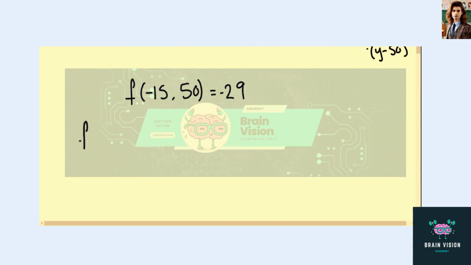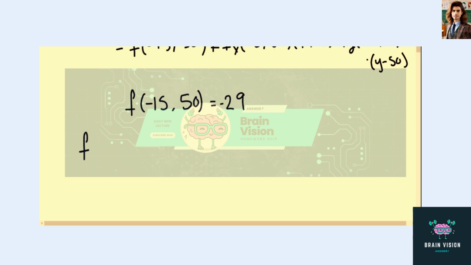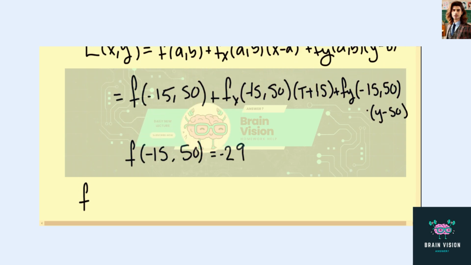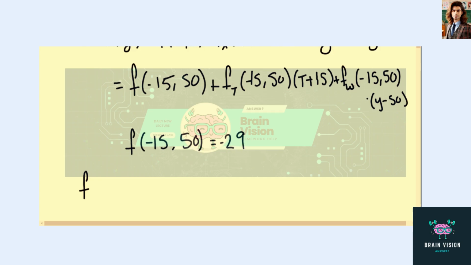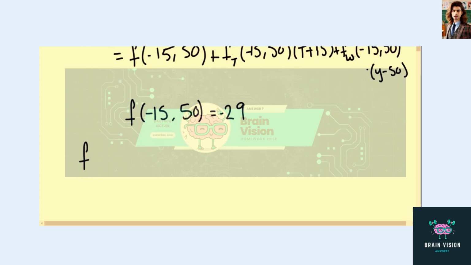So then to find the partial derivative, I realize I should change these subscripts, right? We're not dealing with x and y, we're dealing with temperature and the wind speed. Actually, we'll call that v.